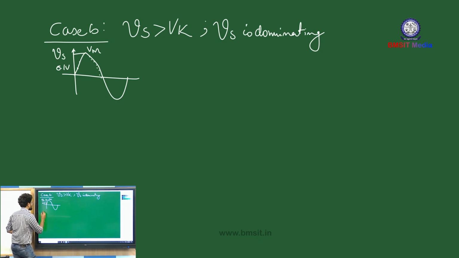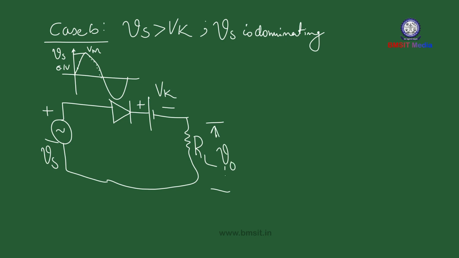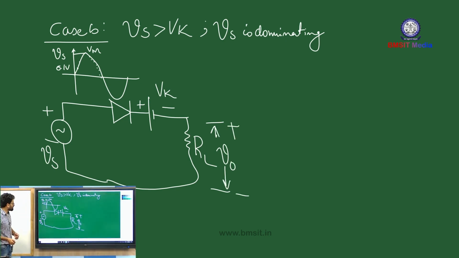Okay, if that is the case, what happens to diode conduction? So which is more dominating in case B? Vs is greater than Vk, hence Vs is dominating.